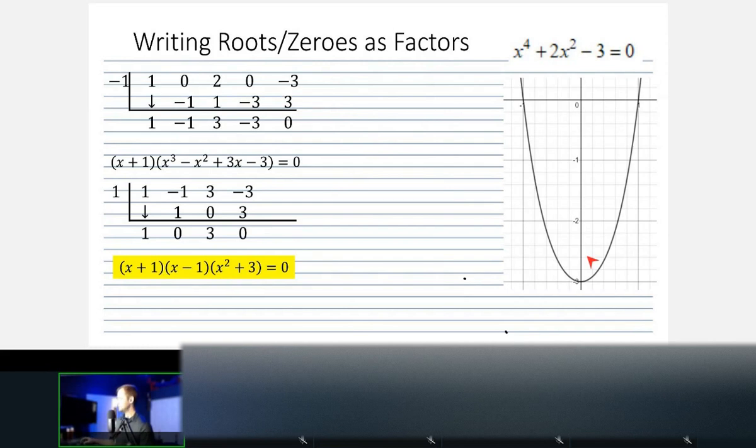Any ideas? We would factor it. Can we factor x squared plus 3? Yeah, not really, right? So what's another way that we can solve? How can we solve for the other roots?